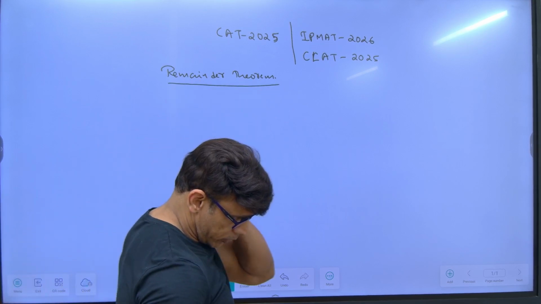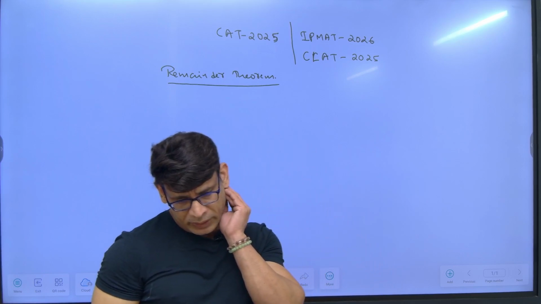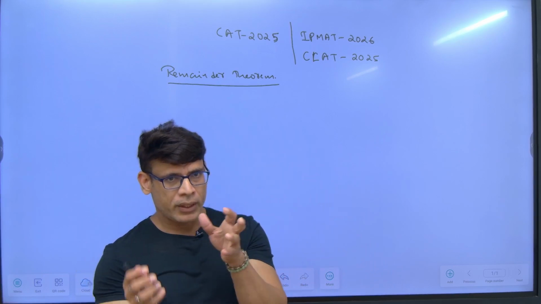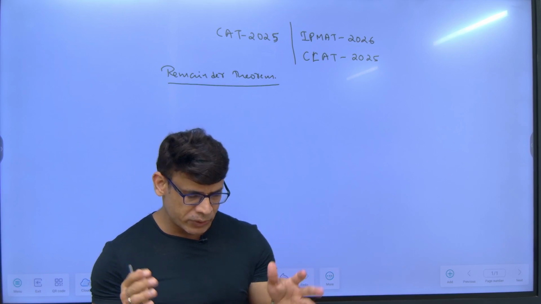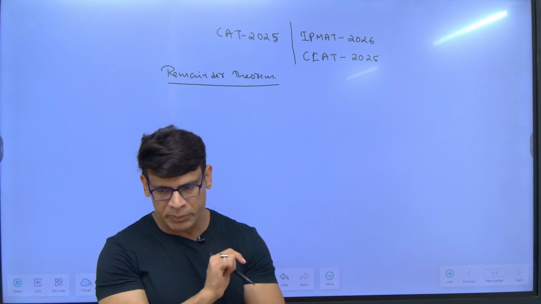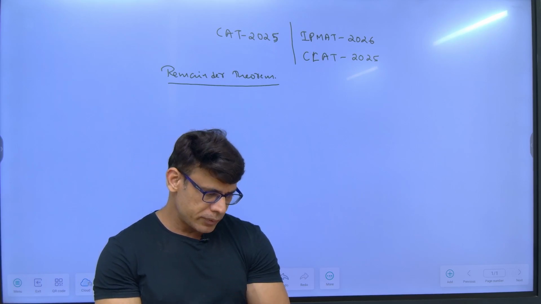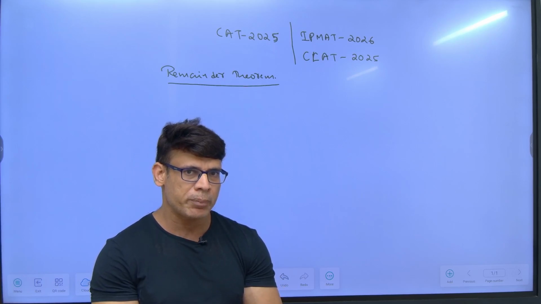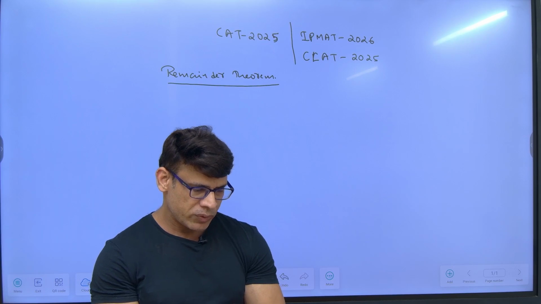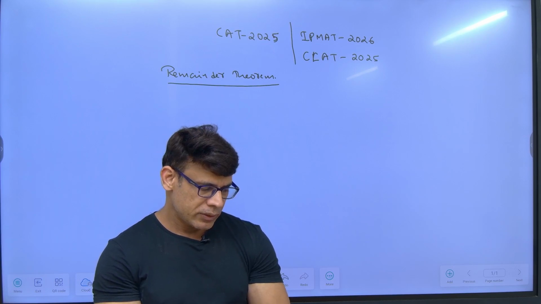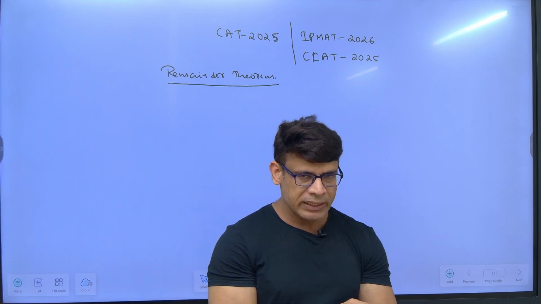Now, what is this topic all about? See, remainder theorem is a very vast topic. I'm just taking one part of that remainder theorem. So let me explain the questions and how to approach a question of remainder theorem. So, what exactly is the remainder theorem?